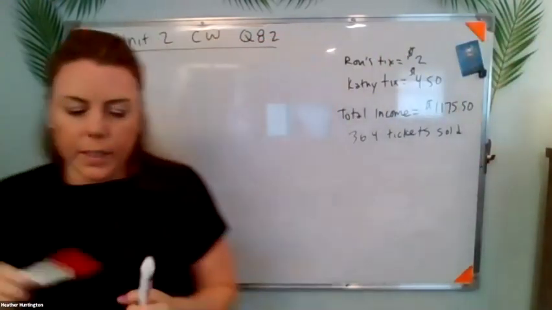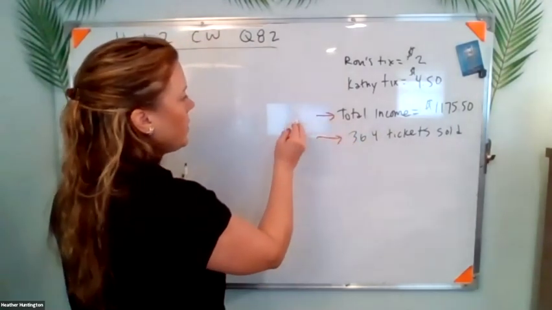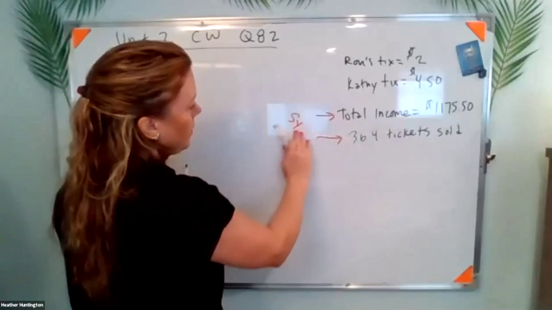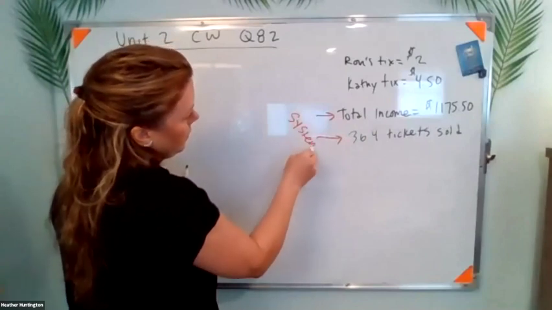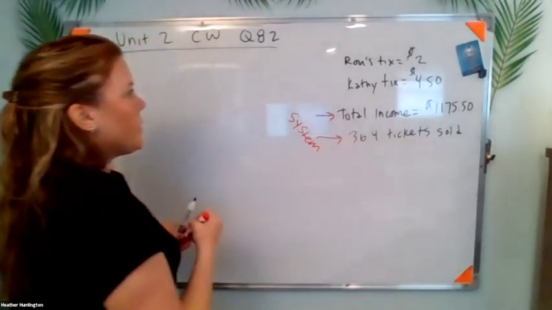All right, so let's identify the two. These two look like they're going to create our system. Okay, so 364 tickets sold.